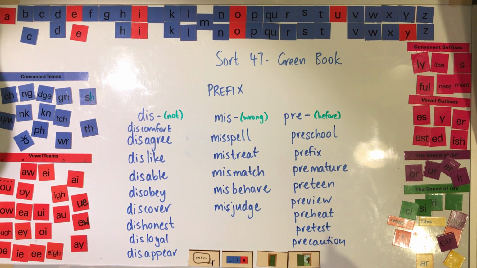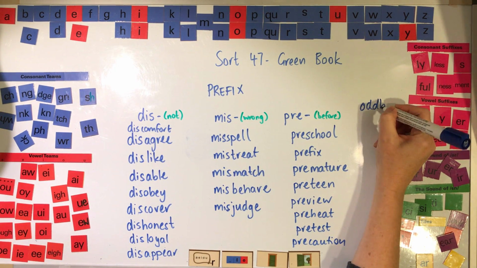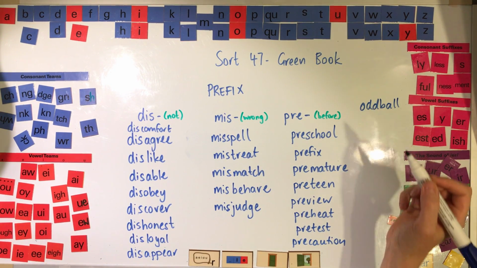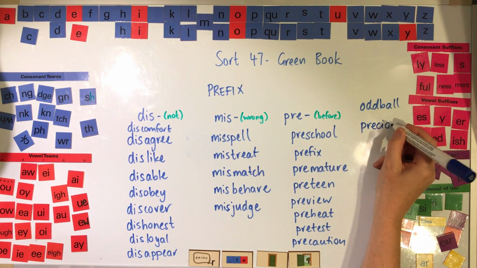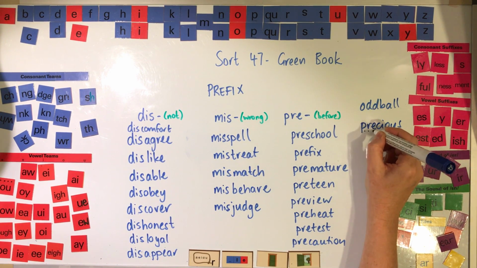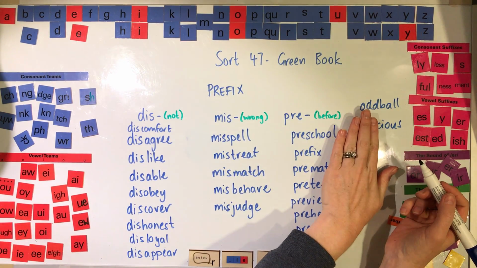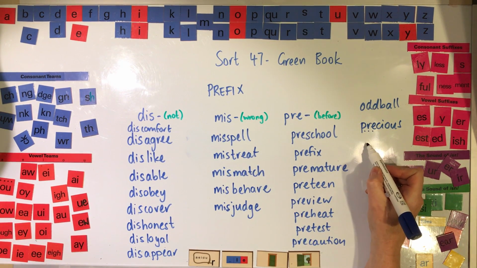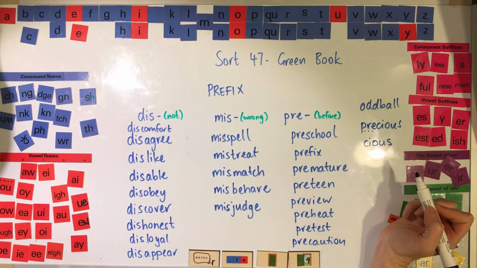Now, we've got one little lonely oddball. Let's have a look at what our oddball word is. Okay, our oddball word is precious. Now, it does have these 3 letters of the pre, but is shus a word on its own?